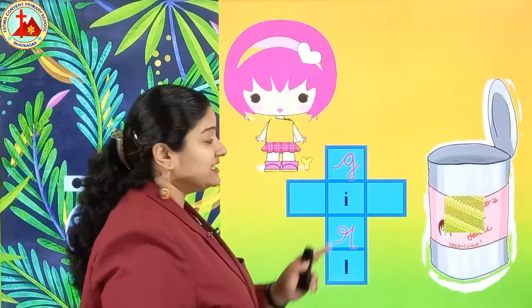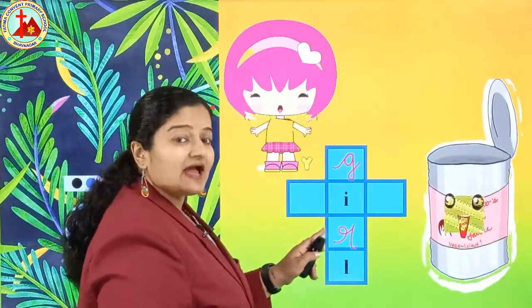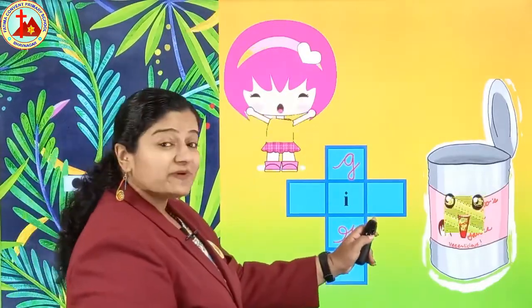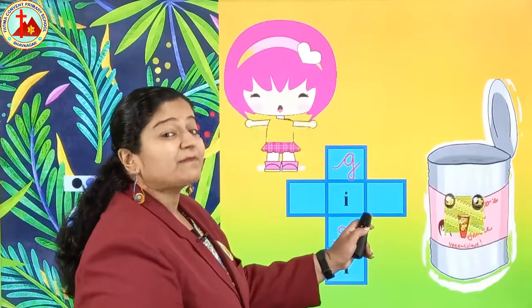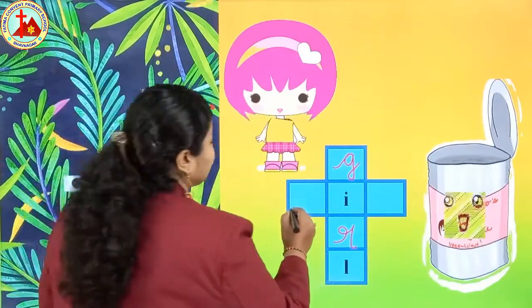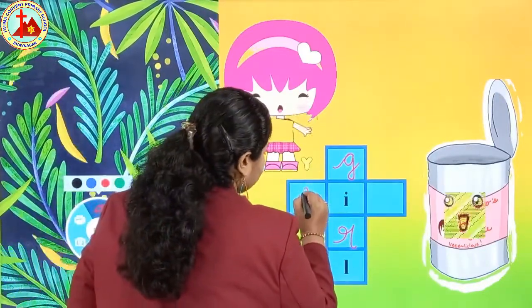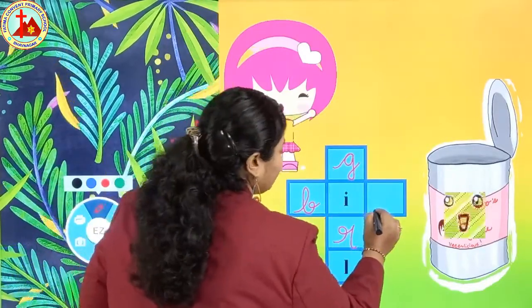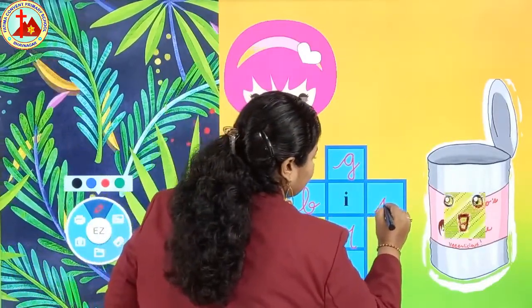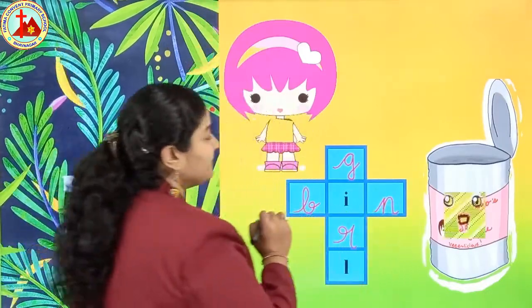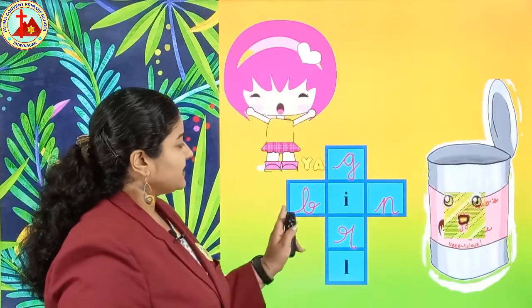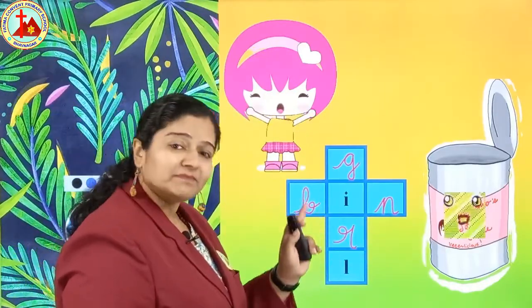Again say G-I-R-L, girl. And which spelling will we write like this? Bin. Bin spelling starts with B. B-I-N, bin. Yes, children. G-I-R-L, girl, and B-I-N, bin.